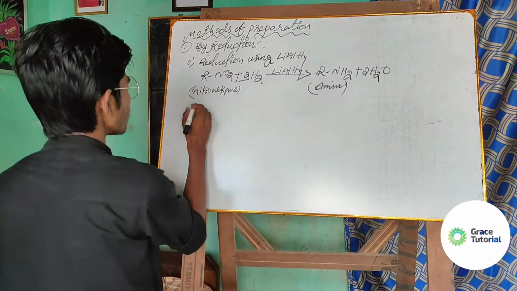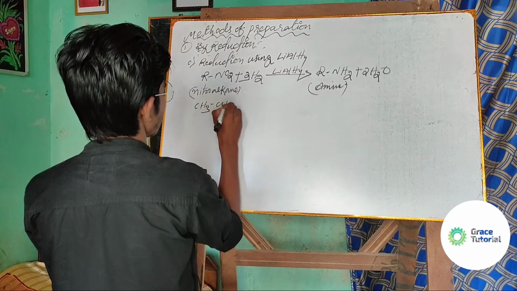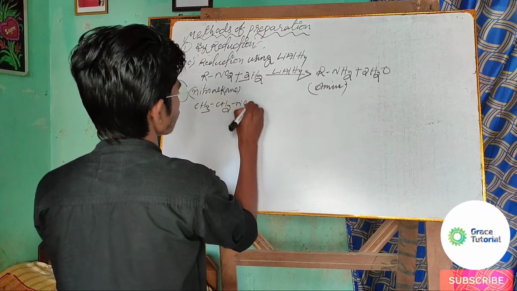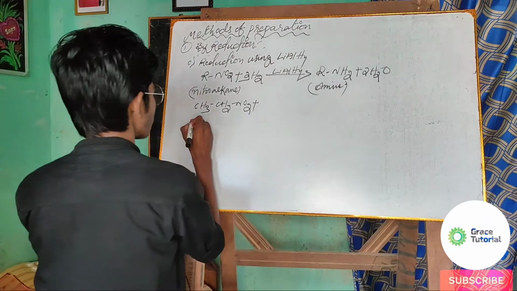So what is the specific example? Let's write CH3CH2NO2. What's the name of this compound? Nitroethane.